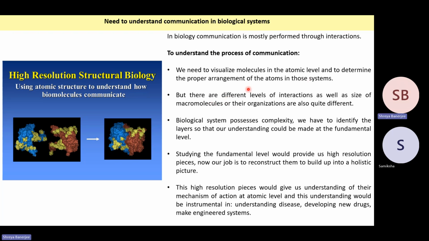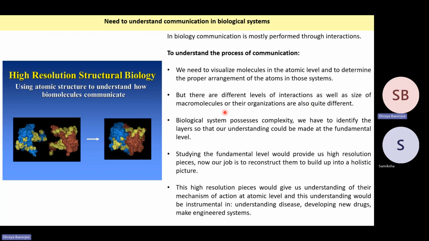Now, there can be different levels of interactions, like covalent bonds, hydrogen bonds, and even very weak van der Waals interactions. And also the size of the macromolecule can be very different. You can have proteins having only 50 amino acids or proteins having 2000 amino acids.